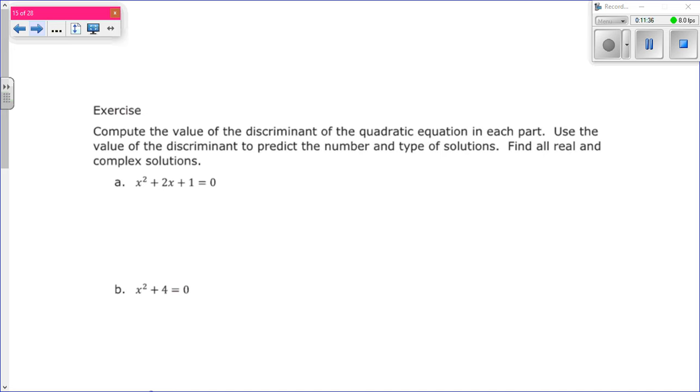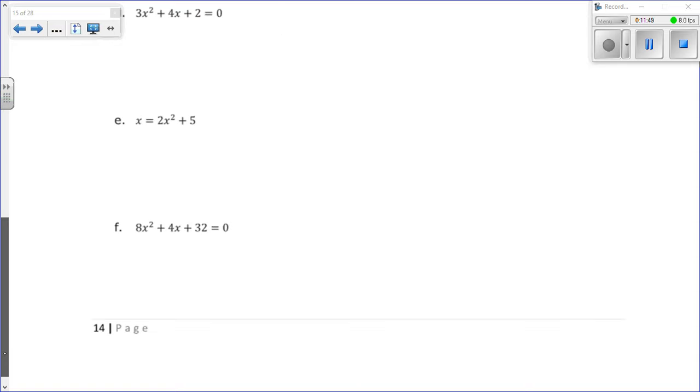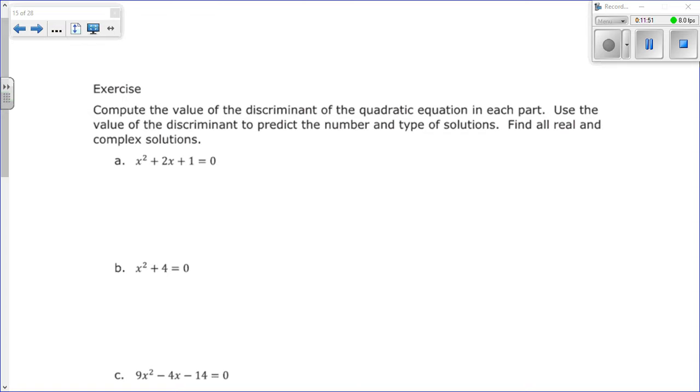Compute the value of the discriminant of the quadratic equation in each part. Use the value of the discriminant to predict the number and the type of solutions. Find all real and complex solutions. So let's see how many we have here. All right, so let's find the discriminant here.